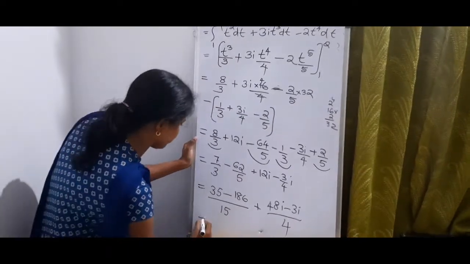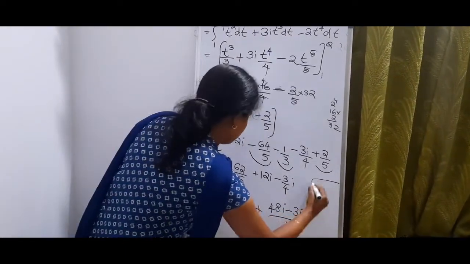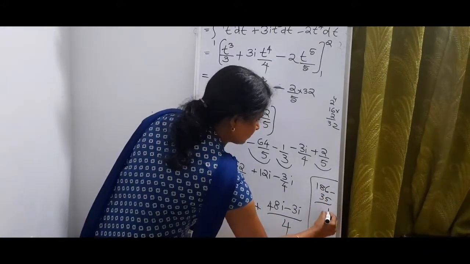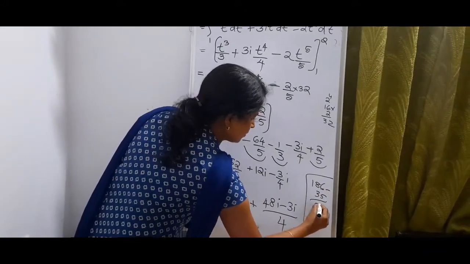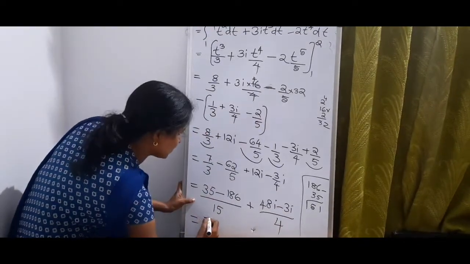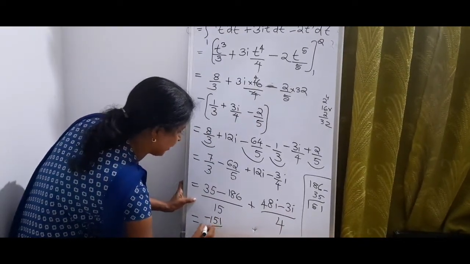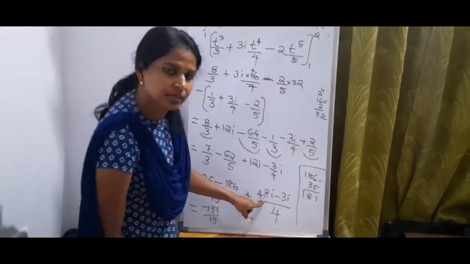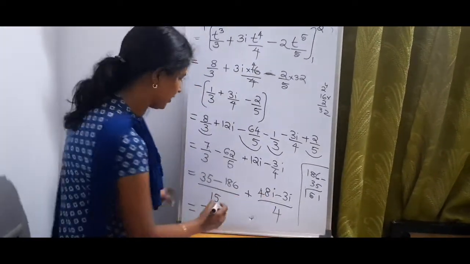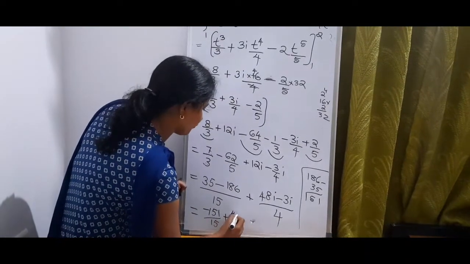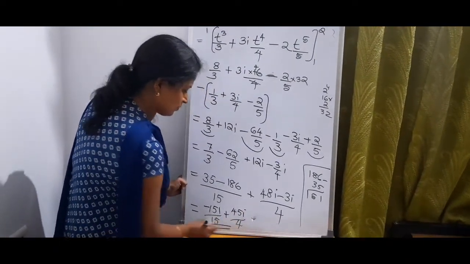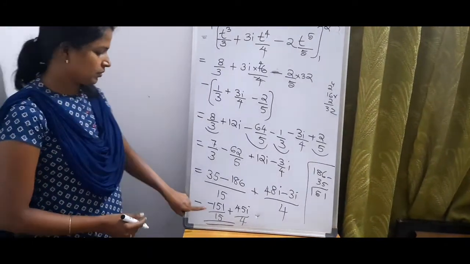That is 35 minus 186, so minus 151 by 15. For the imaginary part, 4 into 12 is 48i minus 3i, that is 45i by 4. This is the answer.